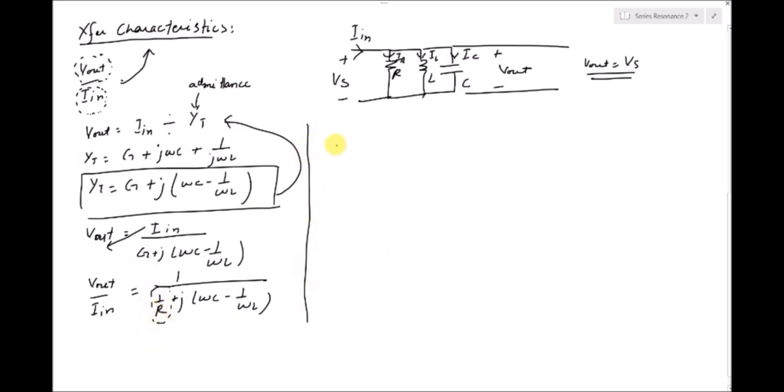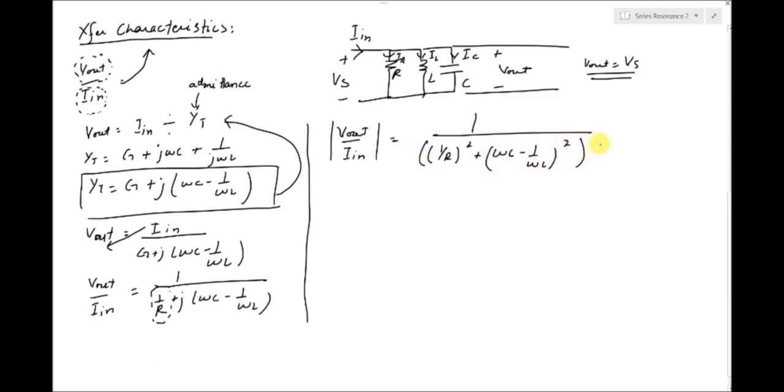Now calculating the magnitude of the transfer characteristic, Vout over Iin is equal to 1 over the square root of (1 over R) squared plus (omega C minus 1 over omega L) squared. So this is your transfer function.